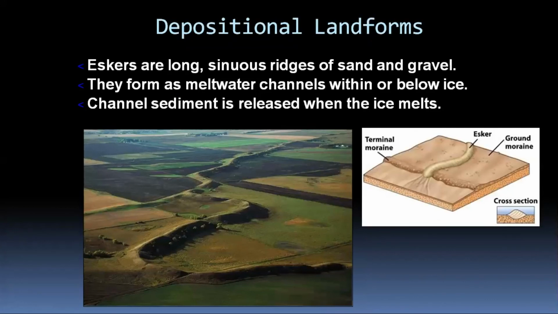Eskers, as I said, are long ridges, and you can see that here is the ridge, and most of these ridges are formed by sand and gravel. And as I said, we have seen that they are a result of the meltwater.